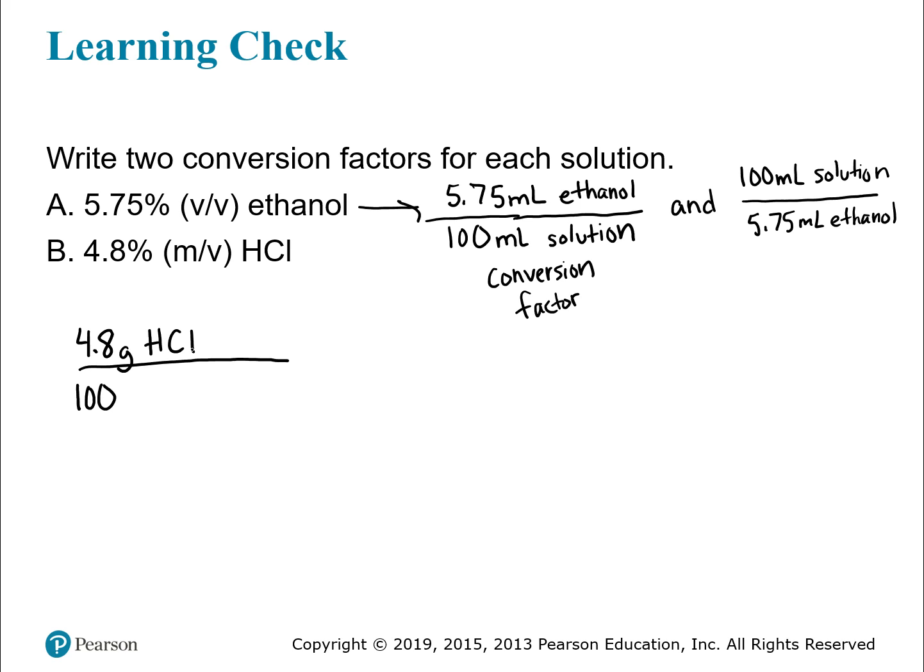And the solute is always going to be listed here, HCl. We're assuming that we're in water here. For volume, we're going to go with milliliters because that's typically what it's in, and that's the volume of the solution. That's one of the conversion factors. The second one is the reciprocal.